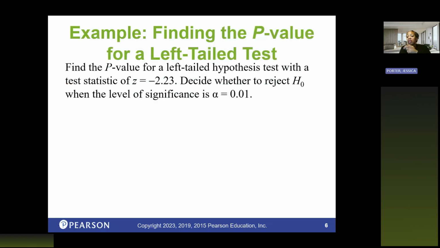So find the p-value for a left tail hypothesis test with a test statistic z equals -2.23. Decide whether to reject the null hypothesis when the level of significance is alpha equals 0.01. So this is going to be the area in the left tail, right?